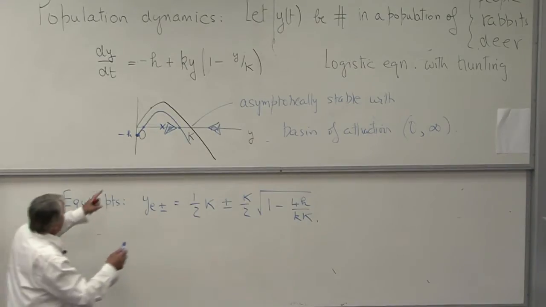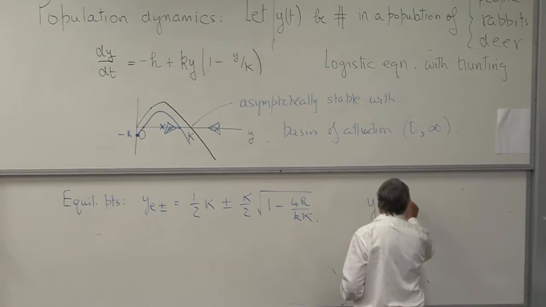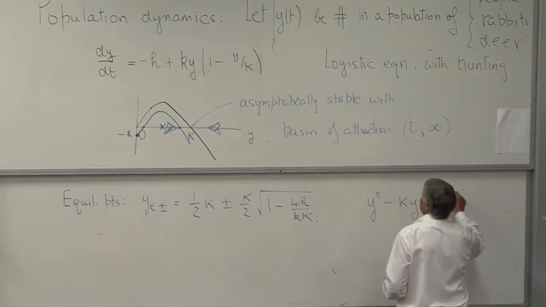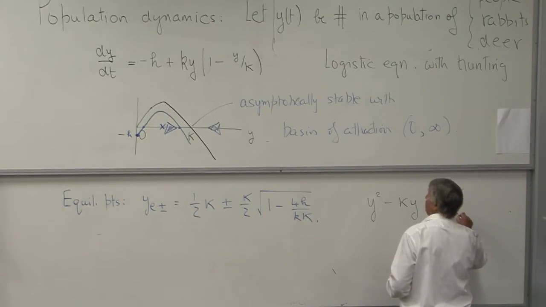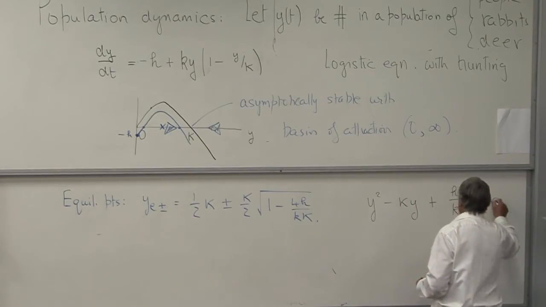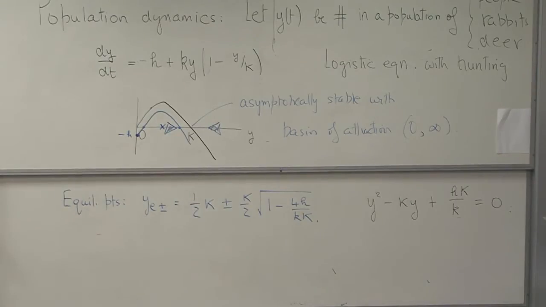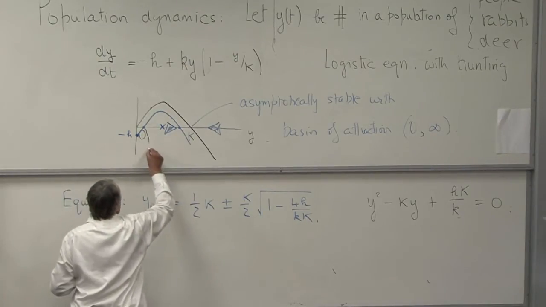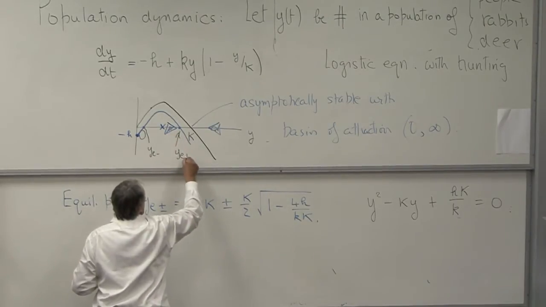I'm solving y squared minus Ky plus H times capital K over little k equals 0, to get the 2 roots. It's just finding these 2 roots. So this is y_e negative, and this is y_e positive.